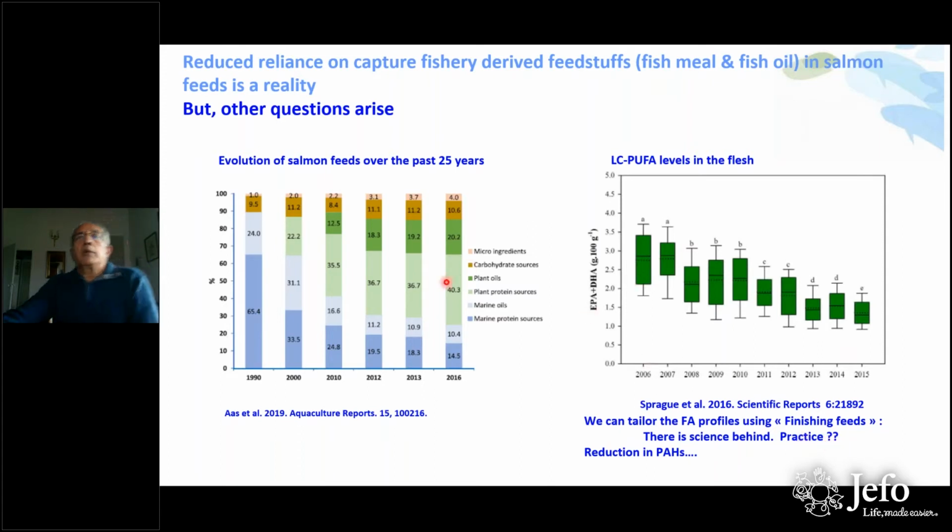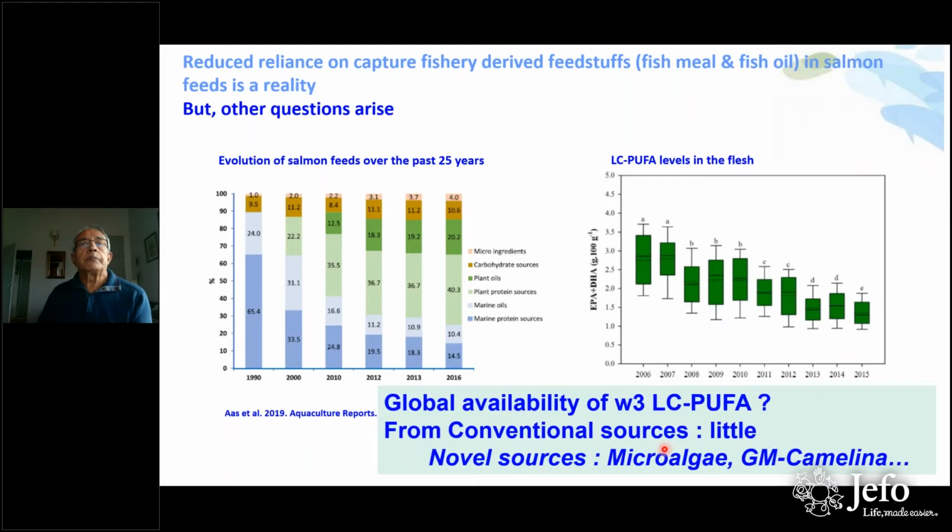Another advantage of this reduction in the fish meal and fish oil levels is that the polyaromatic hydrocarbon levels are going down. So as I said, fish and shrimp need omega-3 long-chain polyunsaturated fatty acids, but the global availability of these fatty acids is very limited from conventional sources.